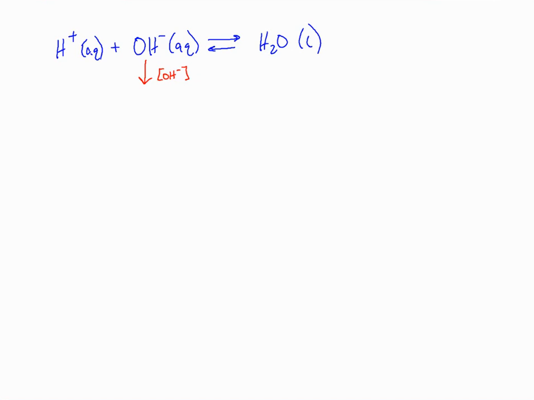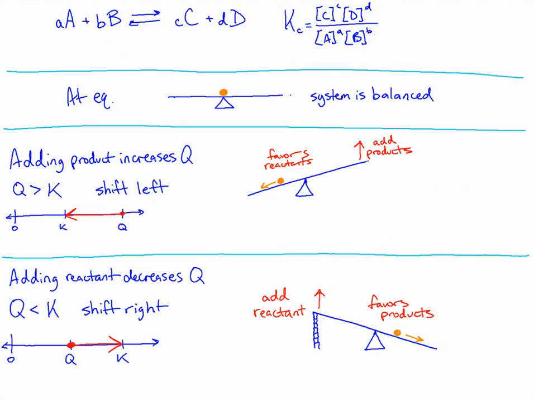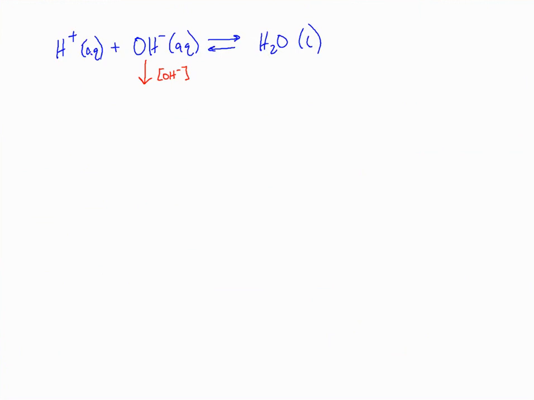When we go back and look at the original equation, what happens if we decrease the concentration of hydroxide? Think about it in terms over here. Now, it doesn't fit these exactly because here we are getting rid of some rather than adding. So let's take a look at how this would work.